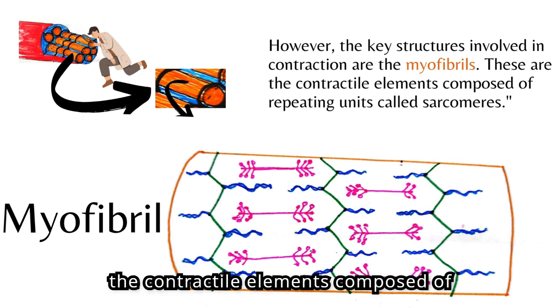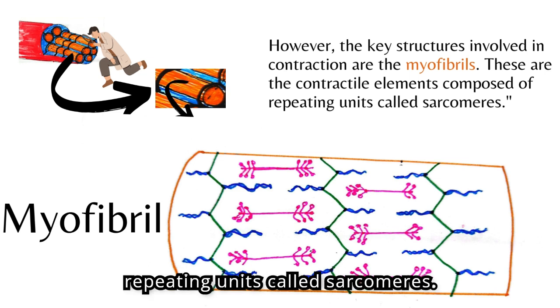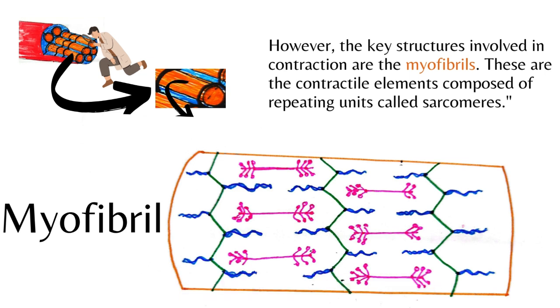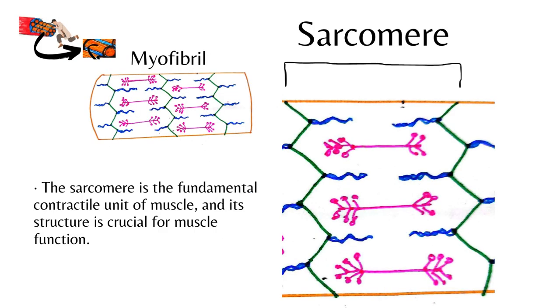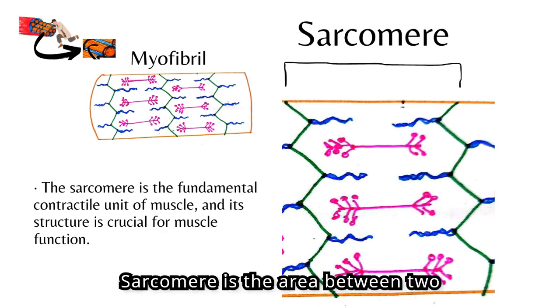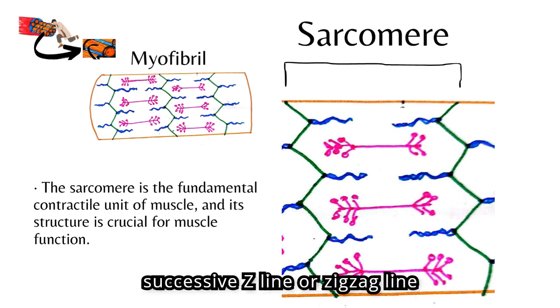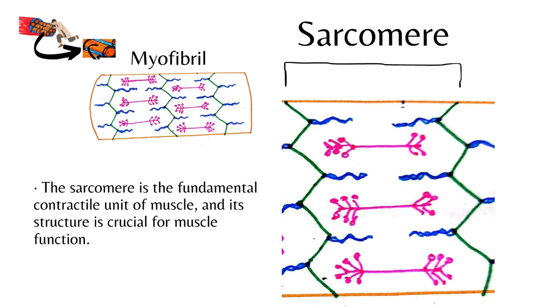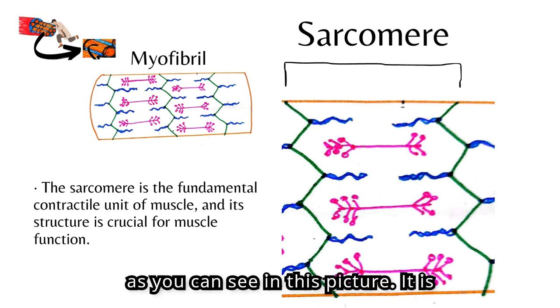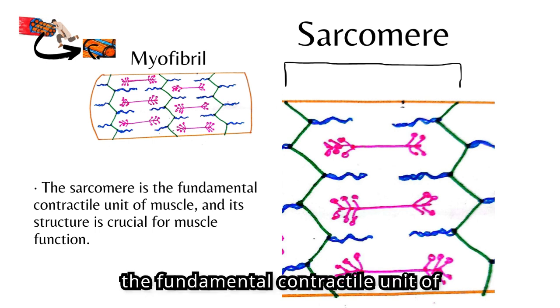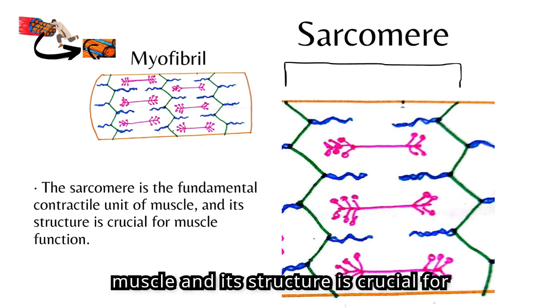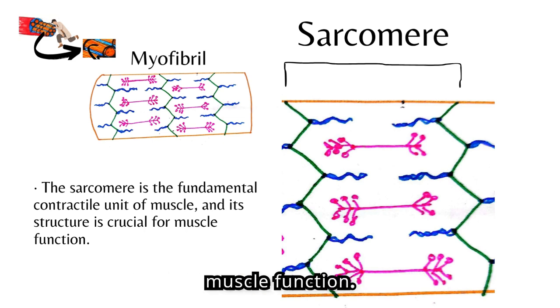These are the contractile elements composed of repeating units called sarcomeres. Sarcomere is the area between two successive Z-lines, or zigzag lines, as you can see in this picture. It is the fundamental contractile unit of muscle, and its structure is crucial for muscle function.